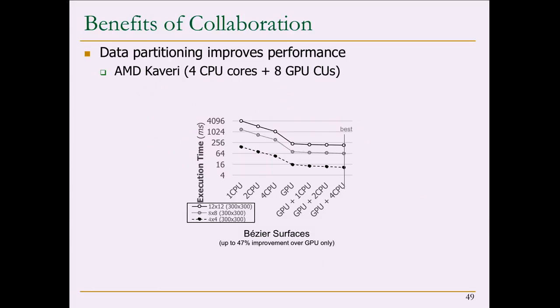The results that you see on the screen are actually for such an implementation with a dynamic distribution. These results have been obtained on an AMD Kaveri. It's an integrated CPU plus GPU system with 4 AMD Steamroller CPU cores and a GPU with 8 compute units.